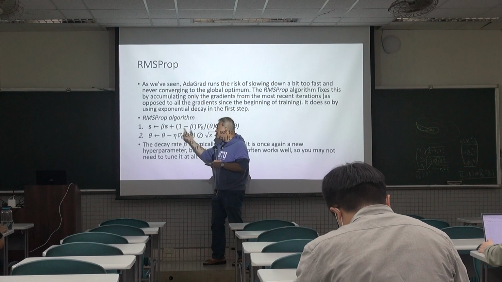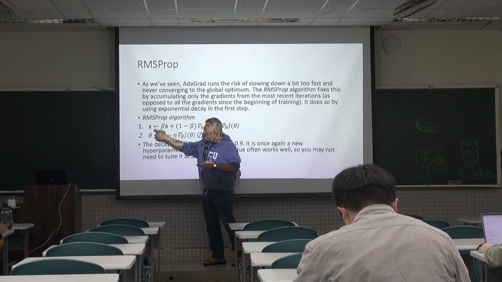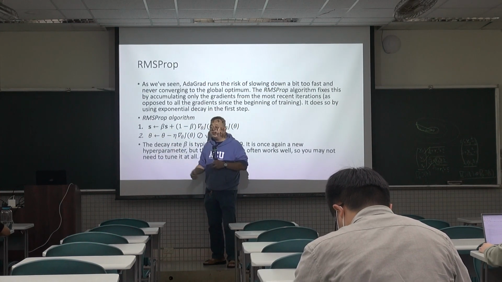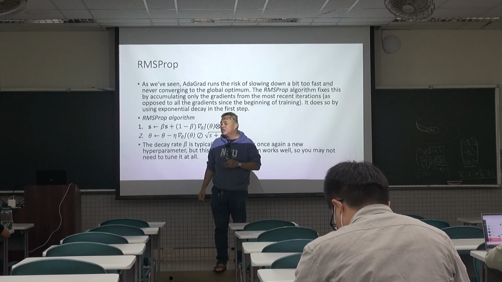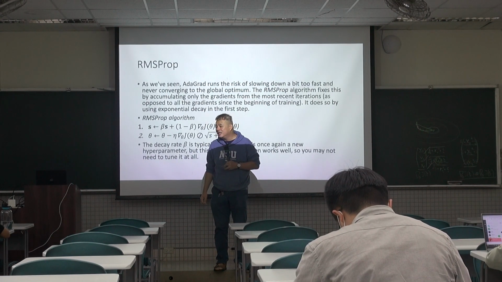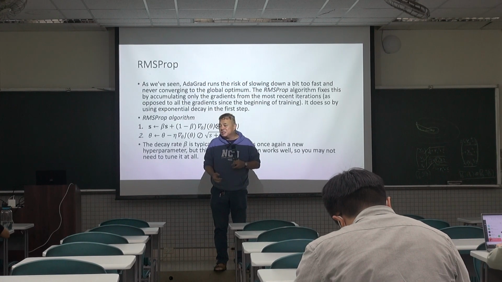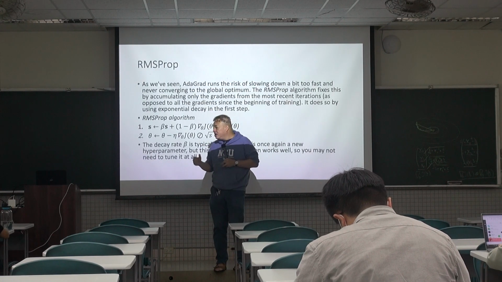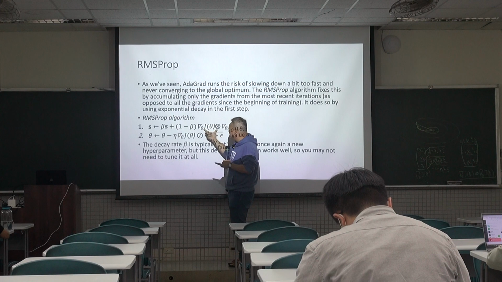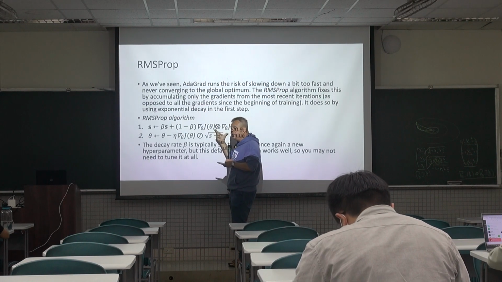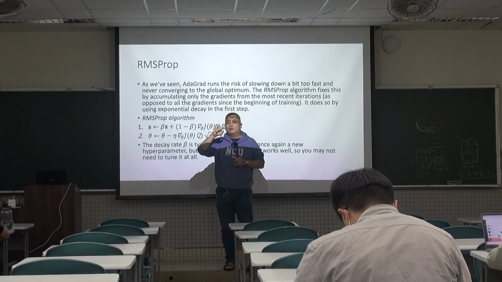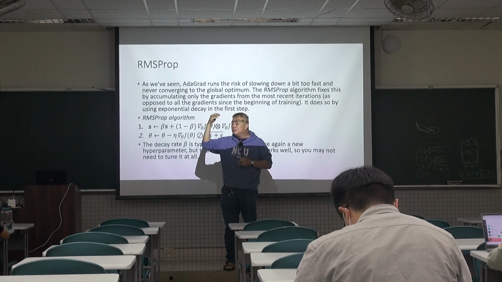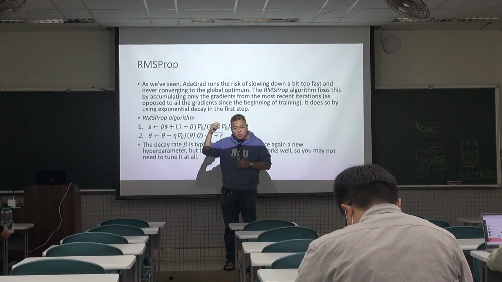So we now use an average. This is actually a moving average to compute s. So obviously the average should be smaller than the simple accumulation. It should be very easy to understand. But at the same time, the larger element will still get scaled down more than the smaller one.